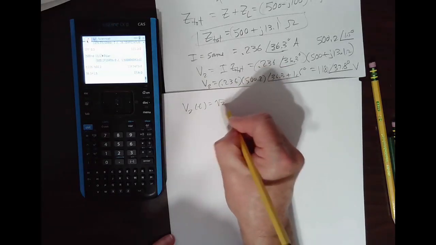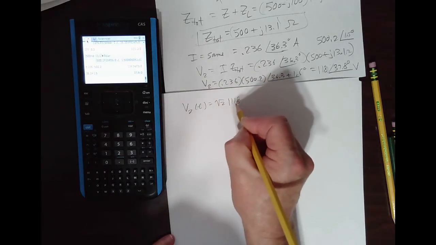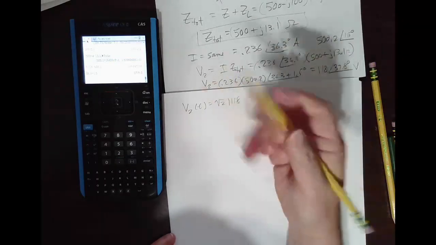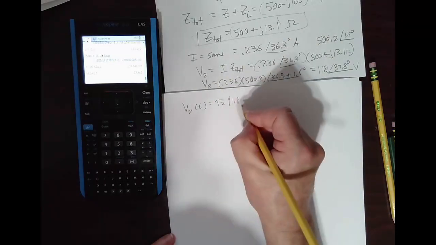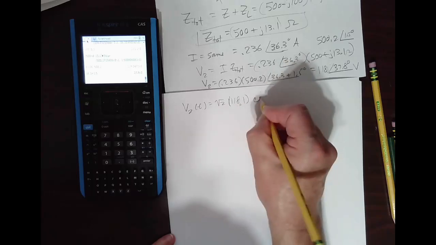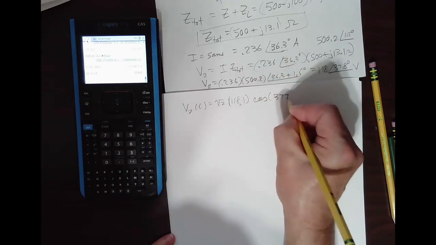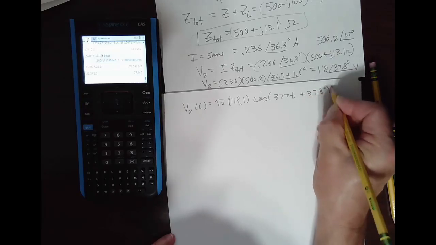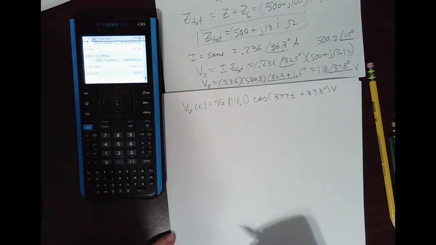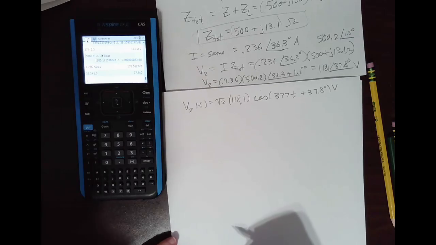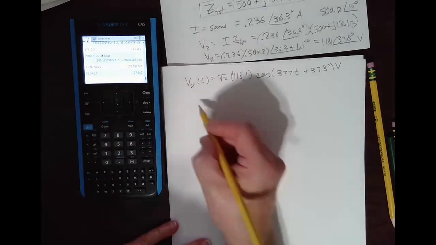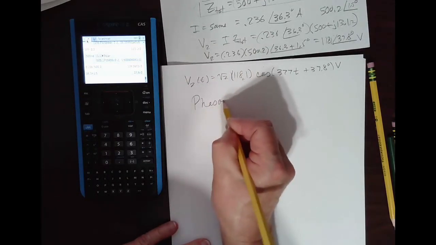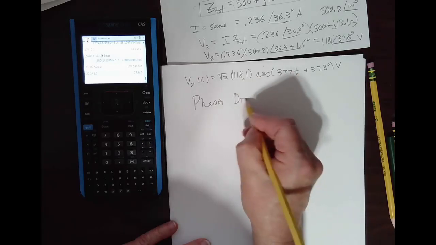Remember, we have to multiply by the square root of 2. So V2 is 118.1 times root 2 cosine of 377t plus 37.8 degrees volts, if we wanted to write it as a function of time. Let's go ahead and draw the phasors. Let's do a phasor diagram, we call it.